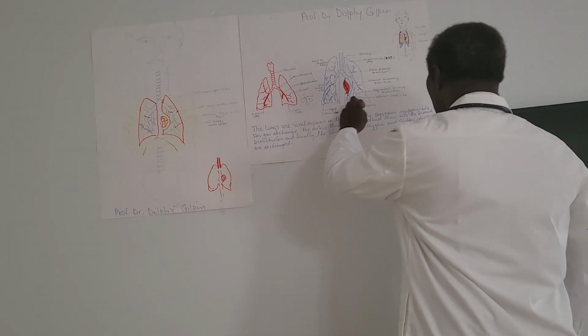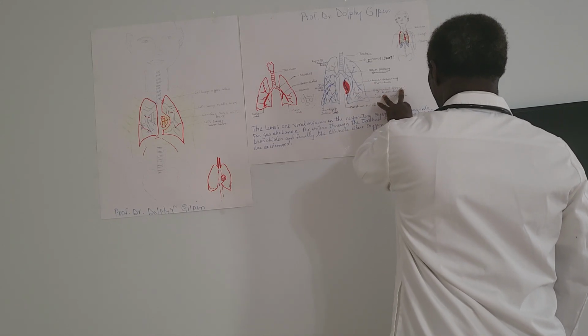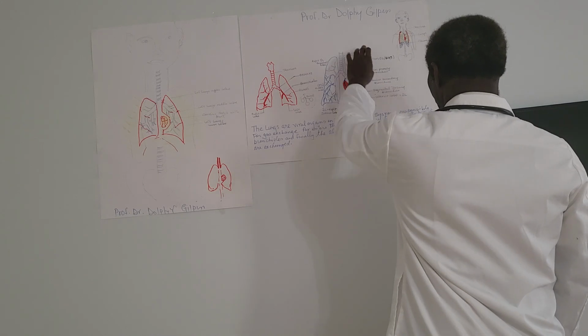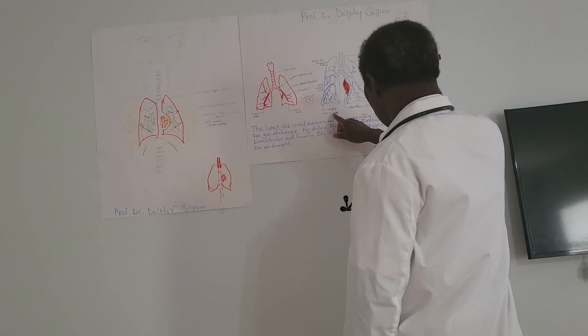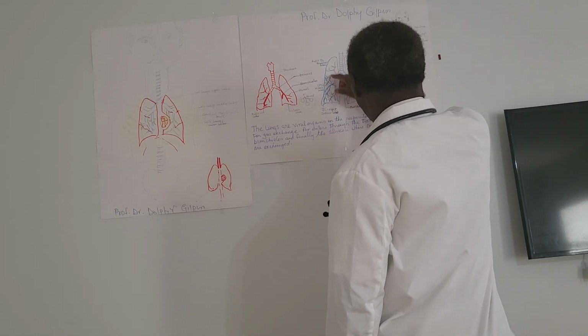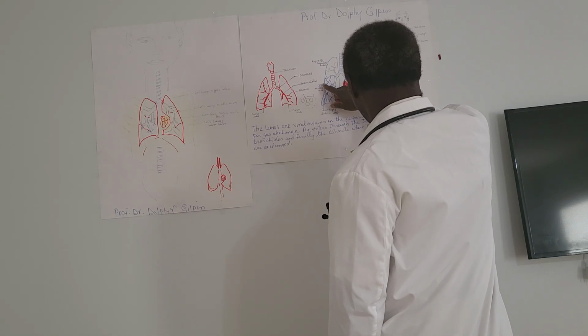The same thing on all the diagrams. You have the cardiac notch, the lobular secondary bronchioles, segmental tertiary bronchioles, and inferior lobe. The cardiac notch, somewhere there, the right inferior lobe, right superior lobe, and the right middle lobe.